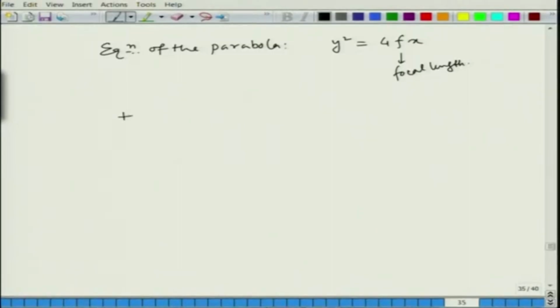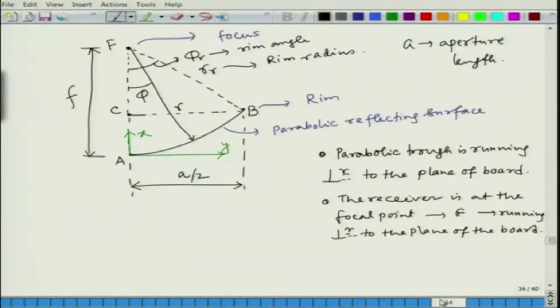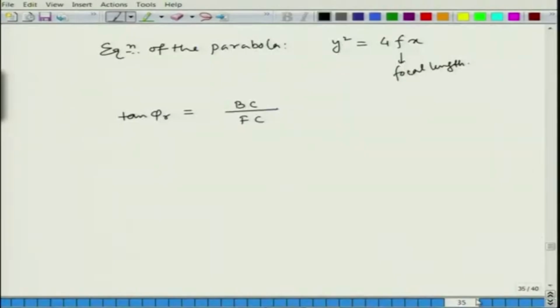Now, you can see that the tan phi r, so tangent of the rim angle phi r, is nothing but BC over FC. Okay. So, BC is this one and FC is this one. So, tan of phi r is equal to BC, which is nothing but A by 2, and FC we do not have any exact form for that so far.